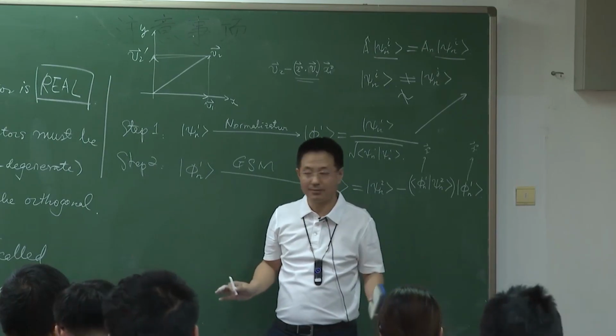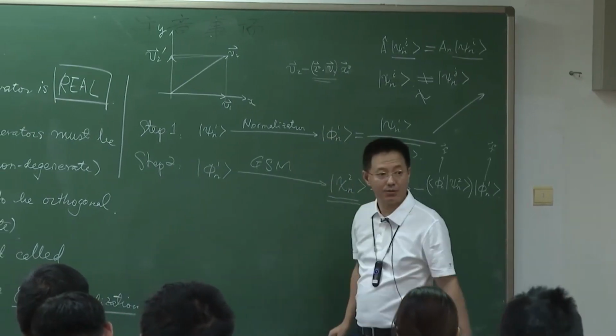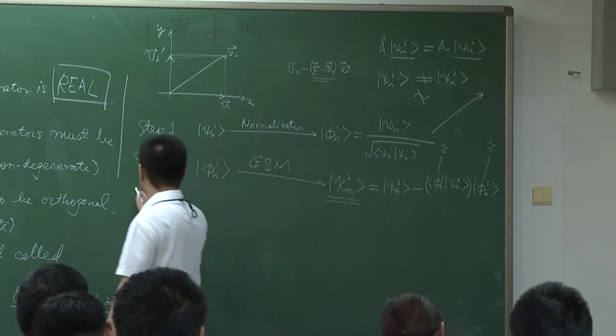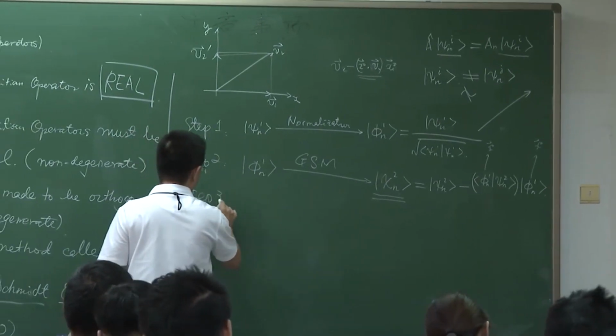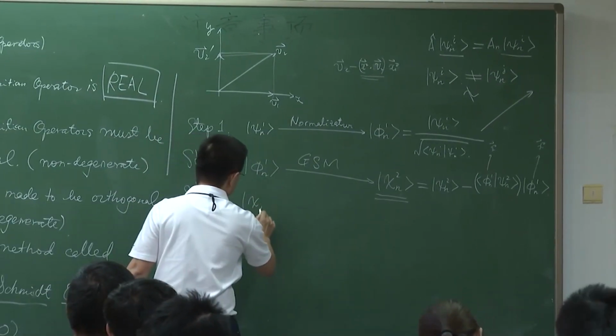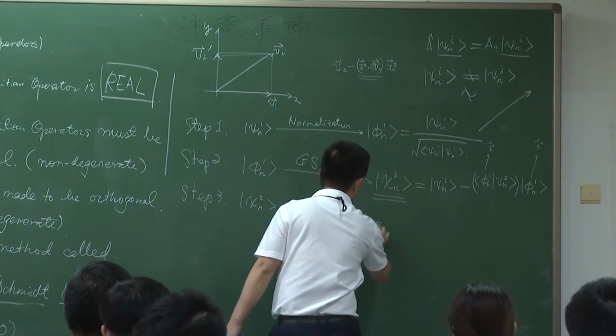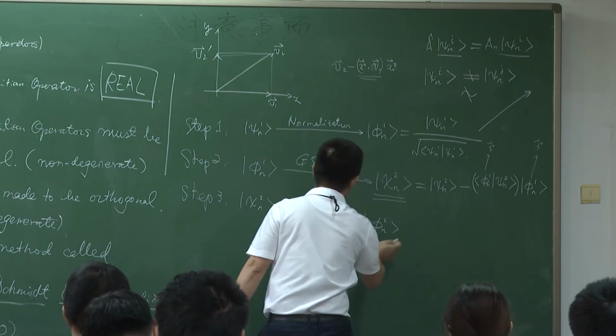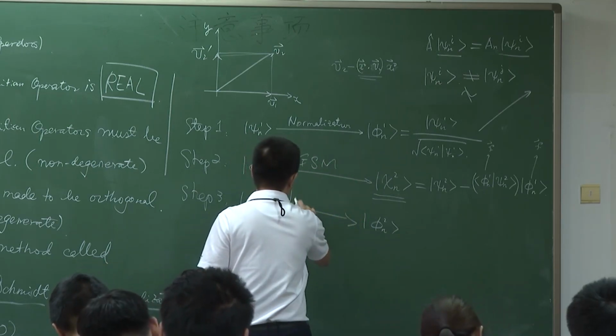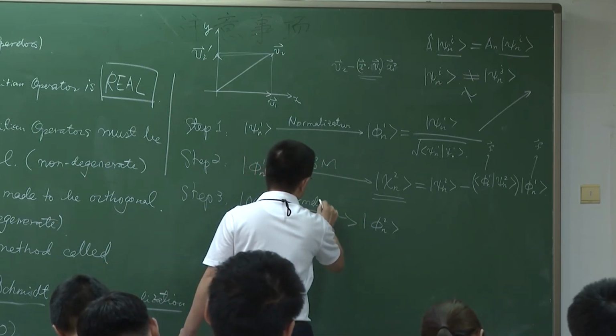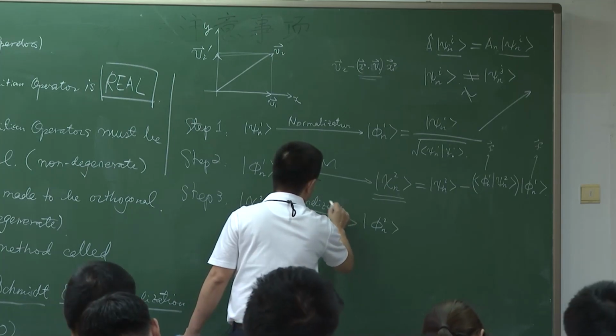So the third step, make this thing normalized. How to make it?